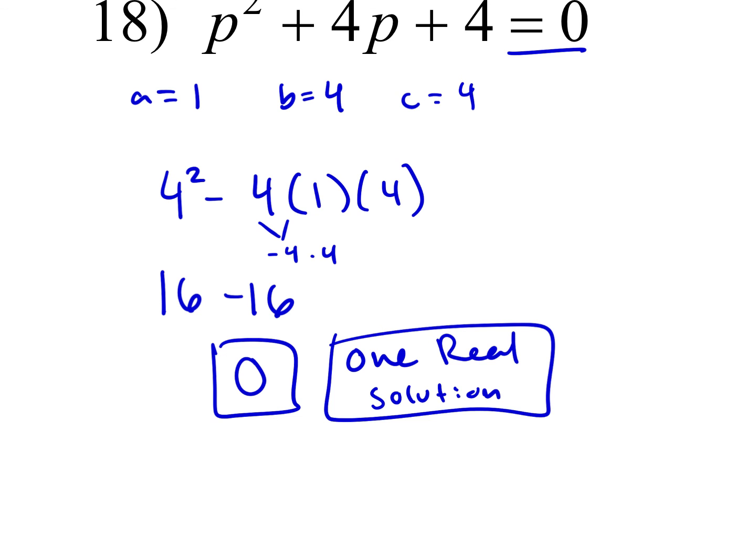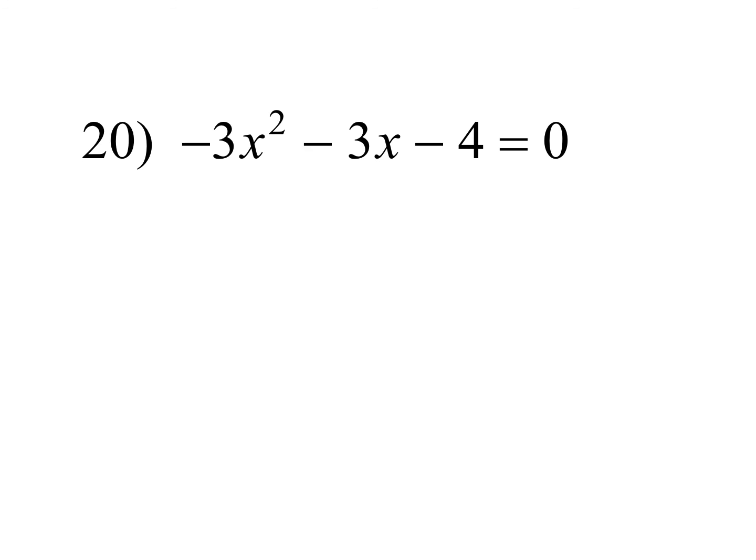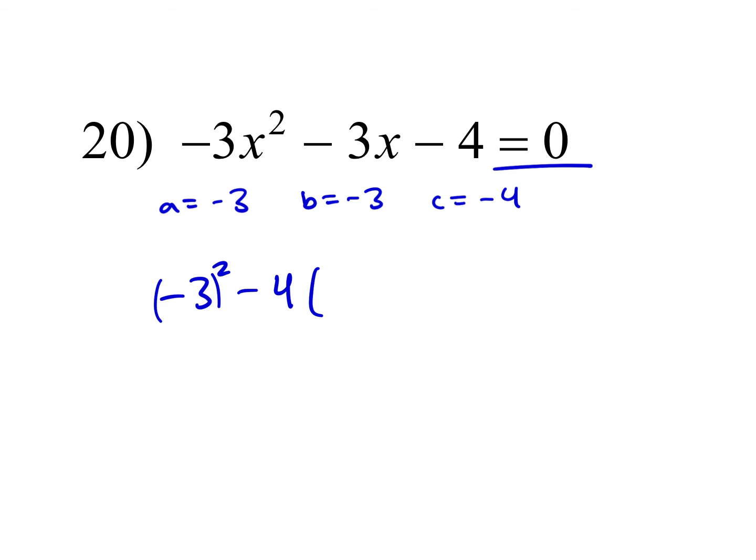Ready for the next one? Last one. Do I need to do anything first here? No. Nope, it's equal to 0. What's A? -3. What's B? And what's C? All right, Amanda, what do I do next? You put it into -3 squared minus 4 times -3 times -4.